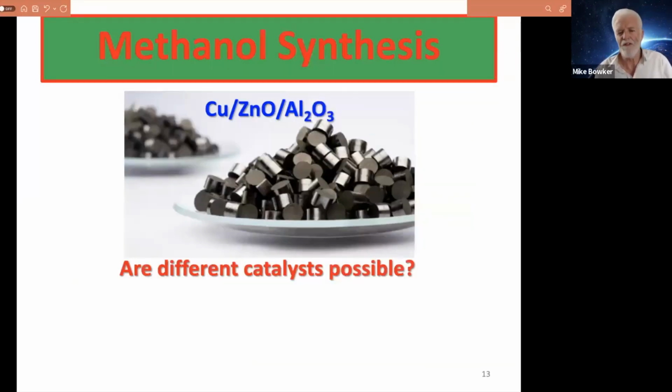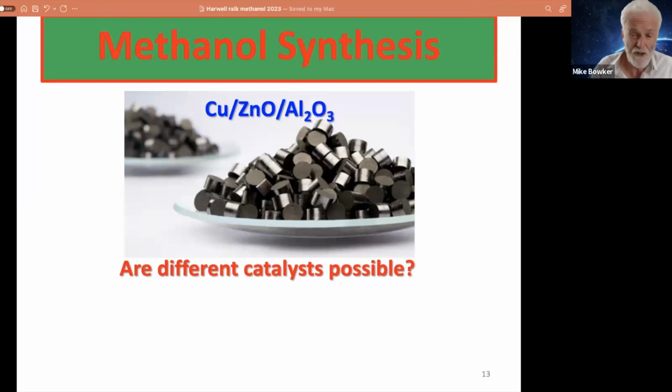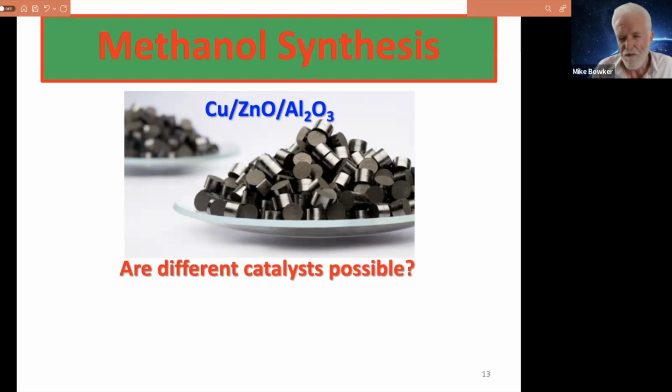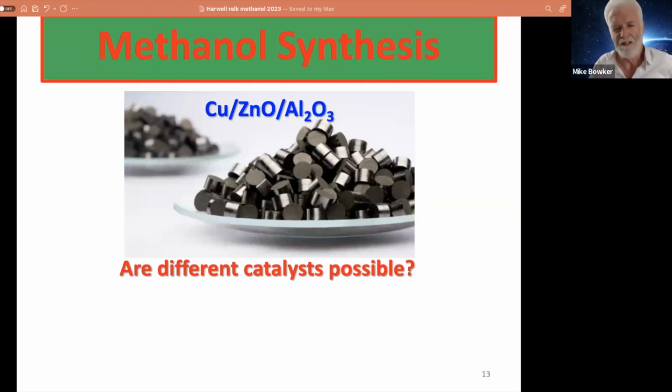So traditionally, methanol synthesis, a long time ago, in the days just after the ammonia synthesis developments, BASF introduced zinc oxide chromia catalysts, mainly working with CO and hydrogen to make methanol. But in the early 60s, a company in England called ICI, which no longer exists, invented the copper zinc oxide alumina process.